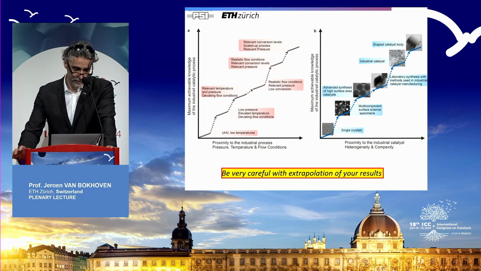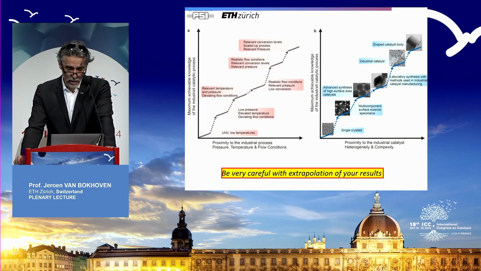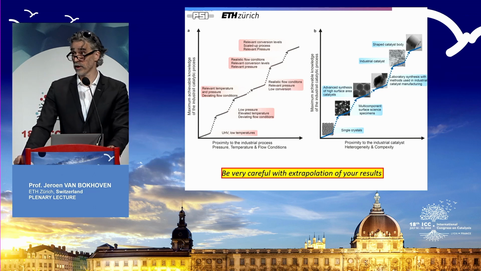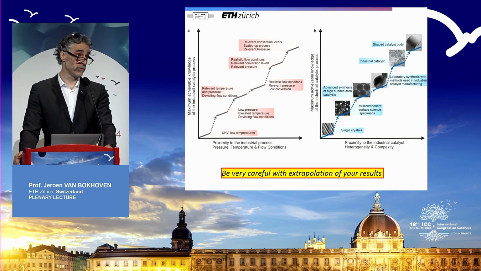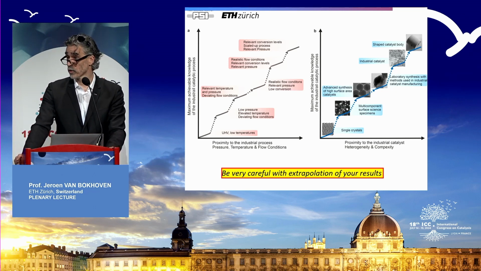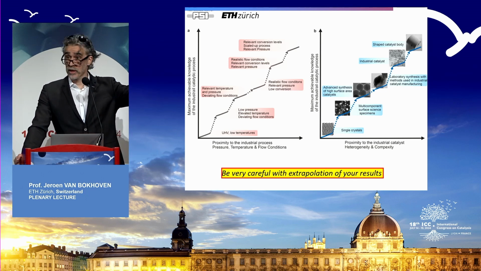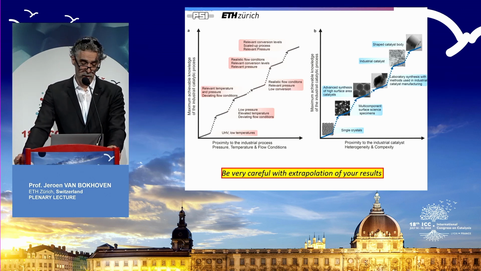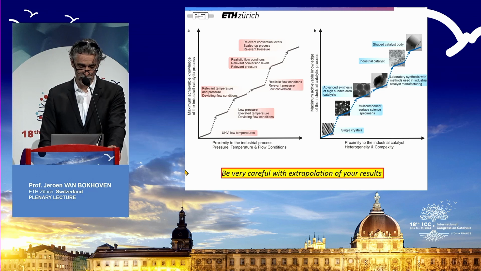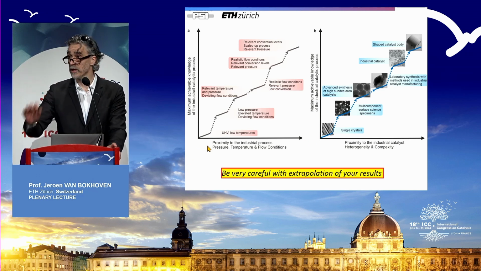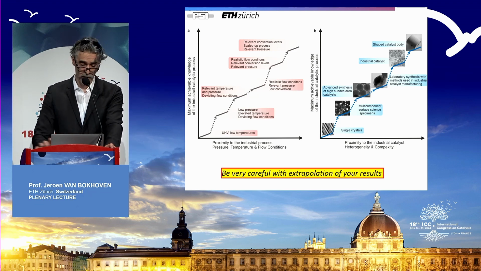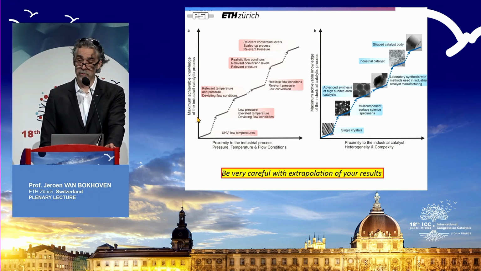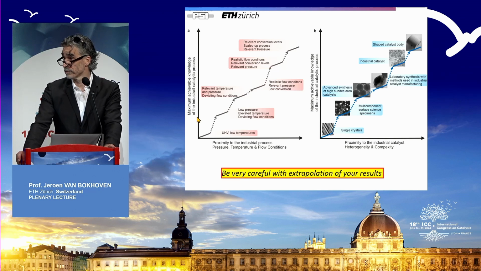So the last slide. If we try to understand how a catalyst functions under industrially relevant conditions, as I said, the industrial catalyst is a very complex material. So to really understand all aspects of that, there are many things that we need to understand. If I start in the left bottom of this figure, I have on the x-axis the proximity to the conditions of an industrial process, and on the y-axis, the maximal achievable knowledge of this catalyst.